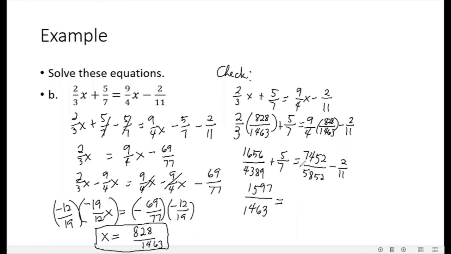Then on the right side, 7,452 over 5,852 minus 2 over 11 equals, our answer is the same, 1,597 over 1,463. And it is checked or equal. And that's it.